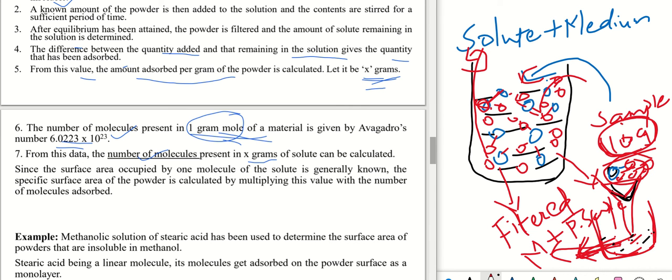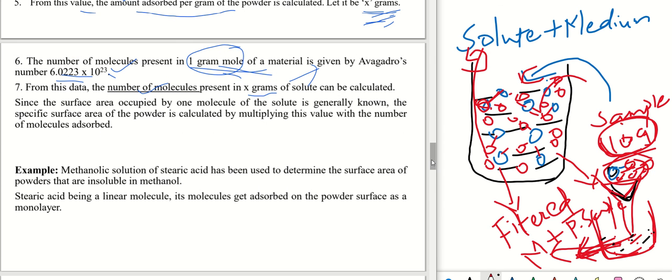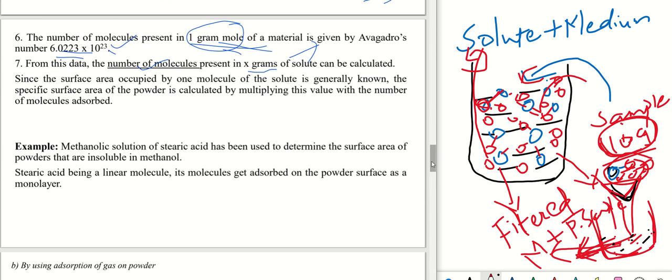After conducting the experiment we get to know x grams. How many molecules do x grams of solute contain? Just as with cross multiplication, we can get the number of molecules present in the particular x grams of solute.